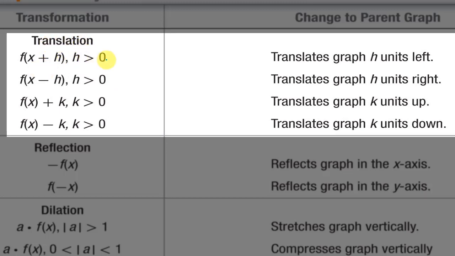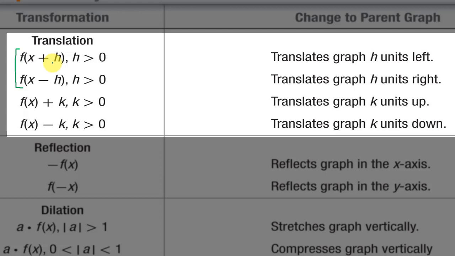So a translation is when we are shifting the graph of something, the image of something, left, right, or up or down. So the first two examples here are when we are changing the input of the function. So then instead of it being f of x, it becomes f of x plus or minus some number, let's call it h.